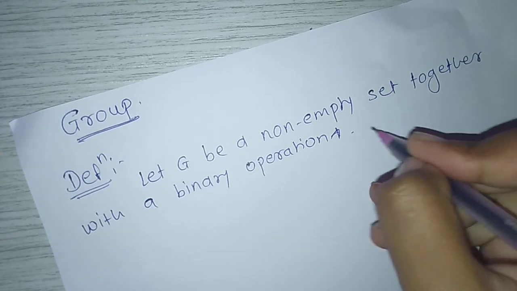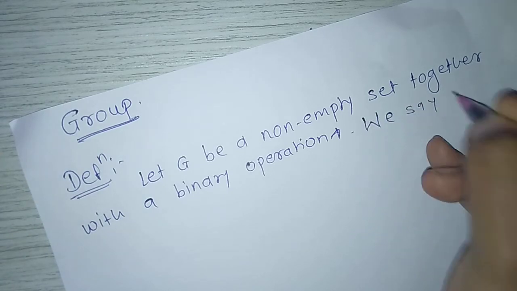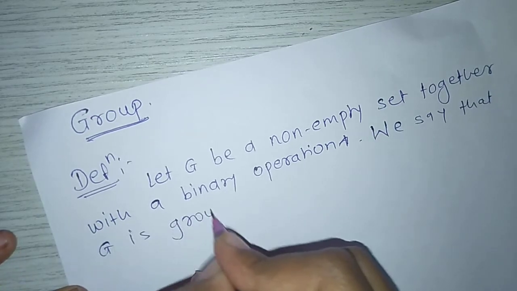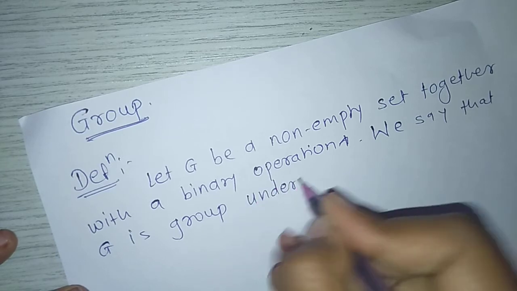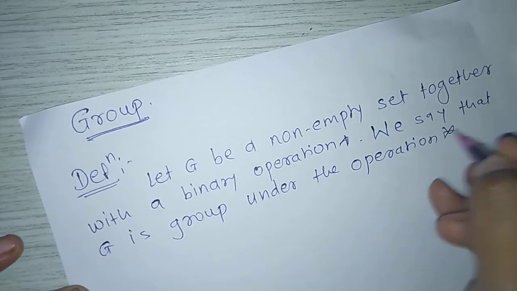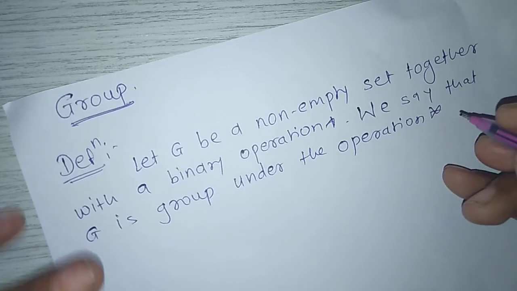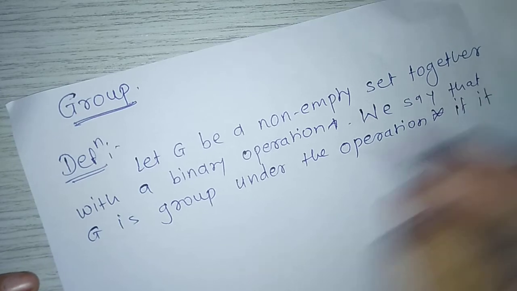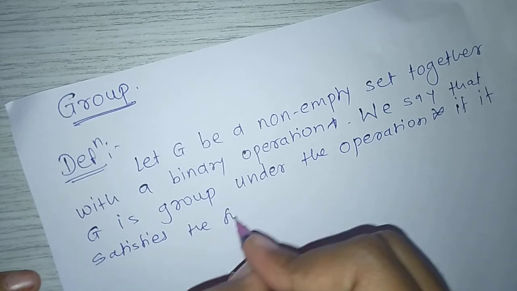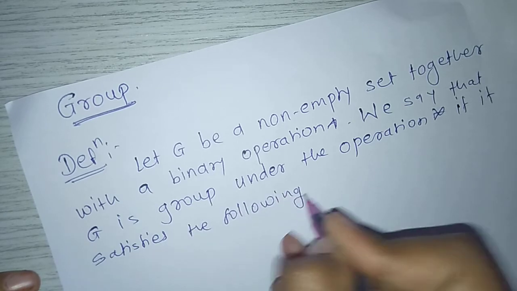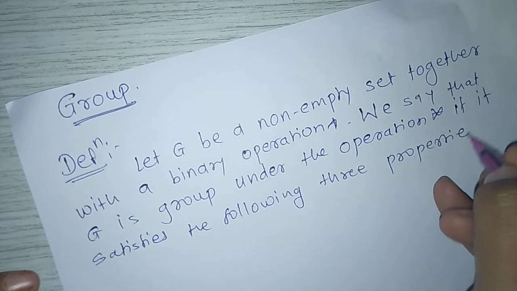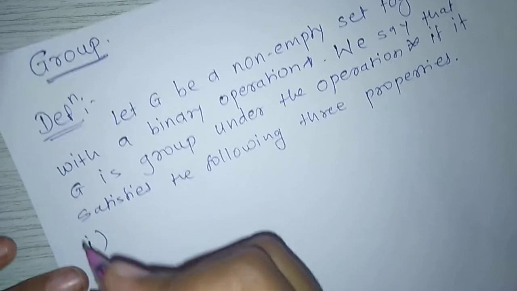We say that G is a group under the operation star if it satisfies the following three properties. First property, associativity.